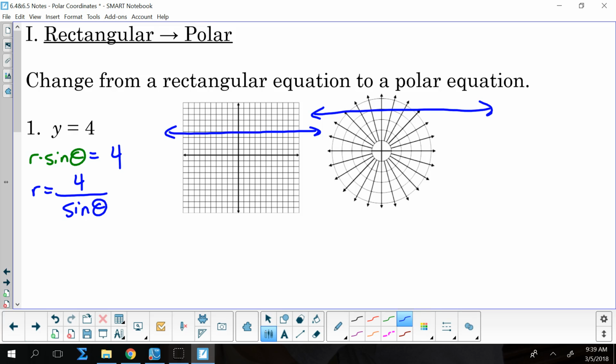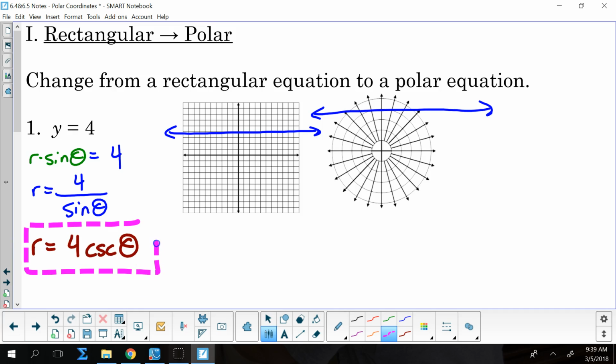Four times the cosecant theta. Bingo. 1 over the sine of theta is equal to the cosecant of theta. So that, ladies and gentlemen, is our polar equation for the horizontal line at 4 straight up from the pole.